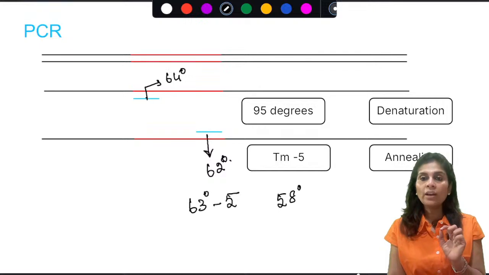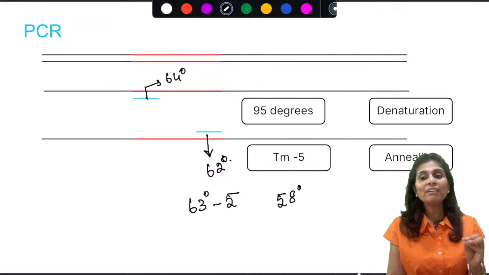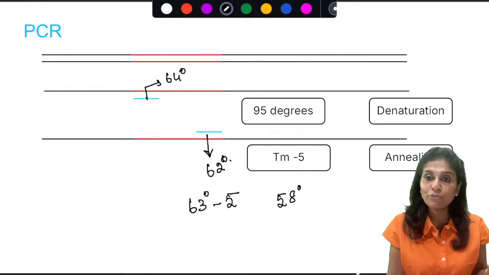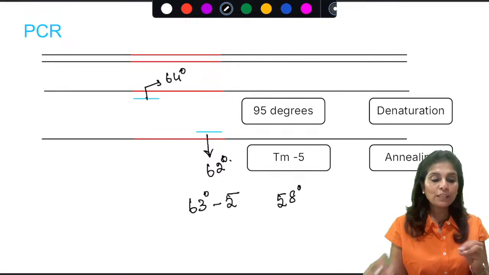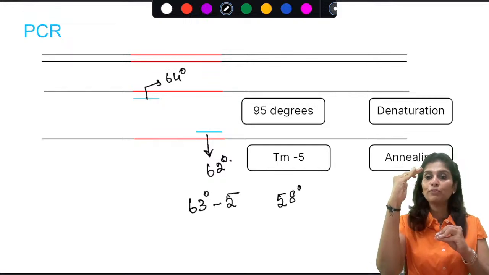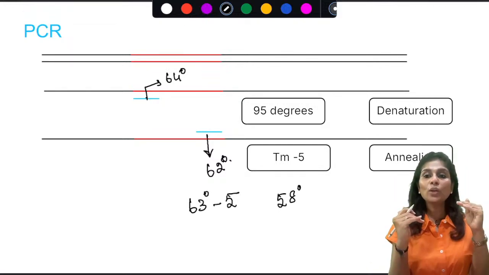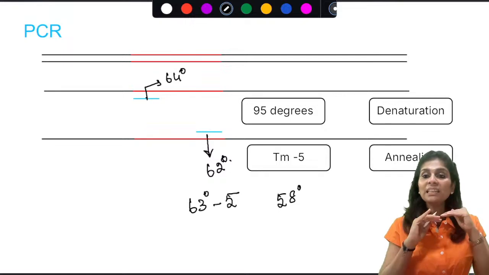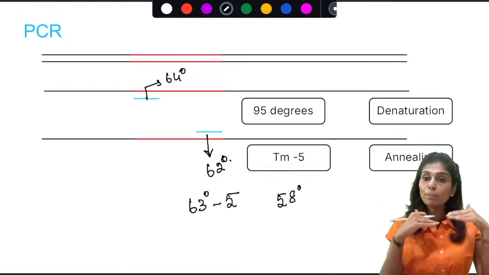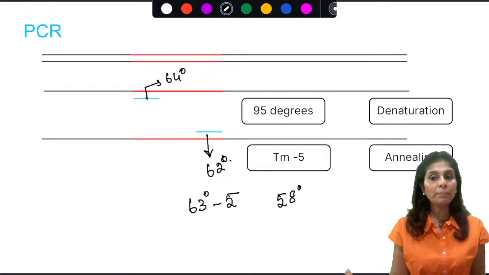So if you're asking me why it should be 5 degrees less than the melting temperature of your primers, it is because if it is more than the melting temperature of your primers, then primers will not anneal and primers will denature, right? It should not be more than the melting temperature of your primers.